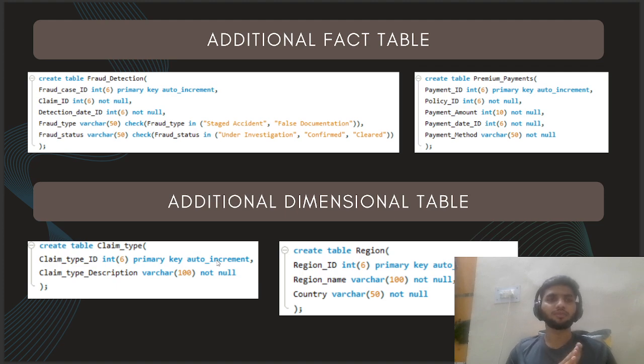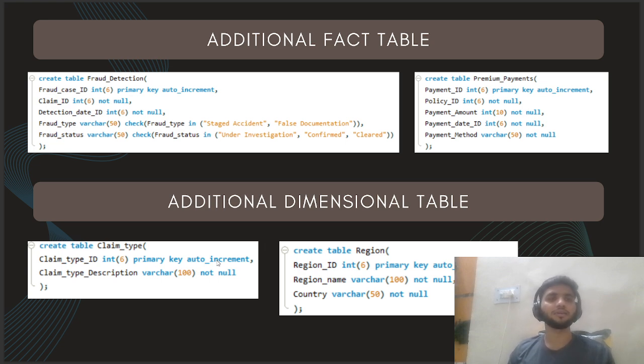And additional fact tables: what are we going to add compared to other companies or other banks? In insurance, we need to detect frauds. The first should be fraud case ID, then claim ID, then detection date, when we detected it, and fraud type.